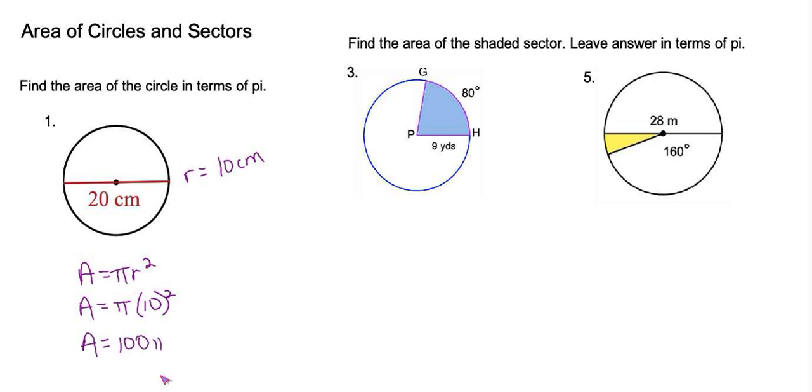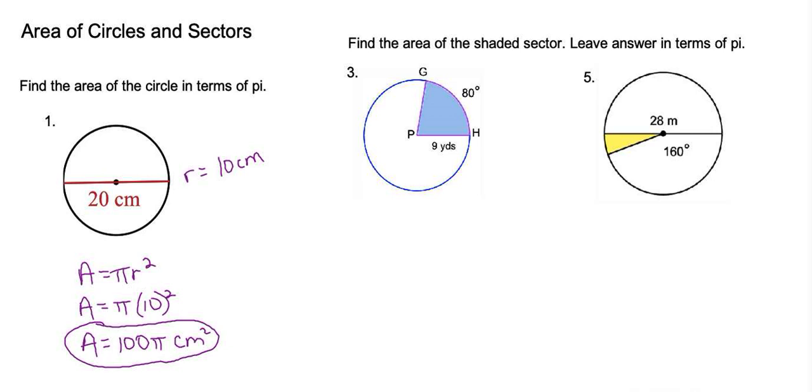And then this is area, so we're going to answer in square centimeters. When we square the 10 centimeters, 10 centimeters times 10 centimeters is 100 square centimeters. So we have that squared. Now the last 2 examples. We're going to find the area of the shaded sector and leave our answer in terms of pi.